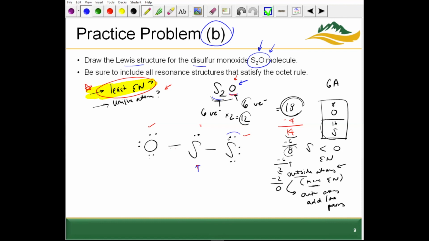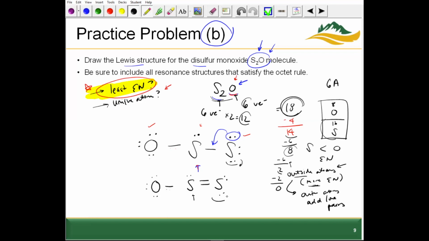How do we start to figure out resonance to have this central sulfur have a happy octet? Well, why don't we take a lone pair here and put it into a double bond? When we do that, the oxygen on the left is currently unchanged. Now we have a double bond, and then just 2 lone pairs of electrons remaining on this right-hand sulfur. So now the central sulfur, 1, 2, 3, 4, 5, 6, 7, 8, has a happy octet.